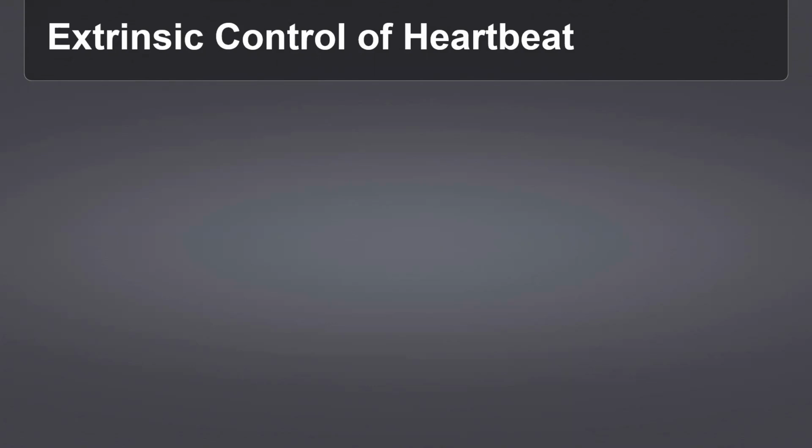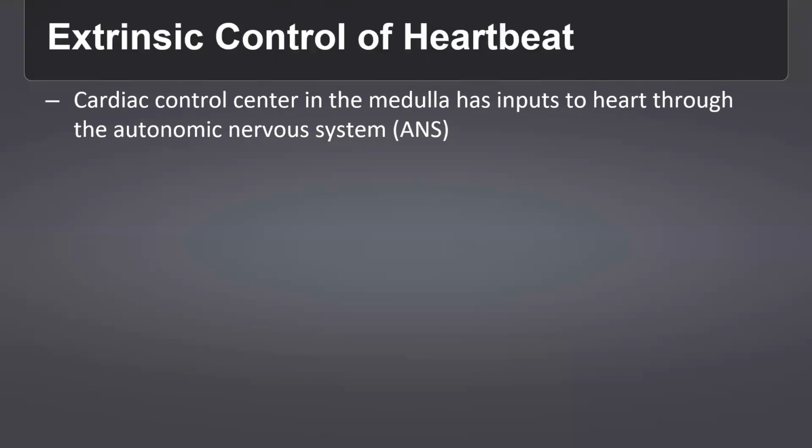Now we're talking about, instead of the heart controlling its beat, the heart being controlled by something external, or extrinsically. The cardiac control center in a part of the brain called the medulla, which we've talked about in the wellness and homeostasis unit, has inputs to the heart through what's called the autonomic nervous system.